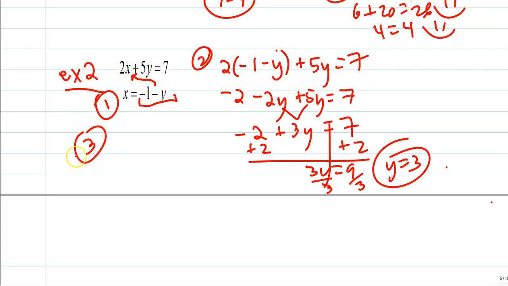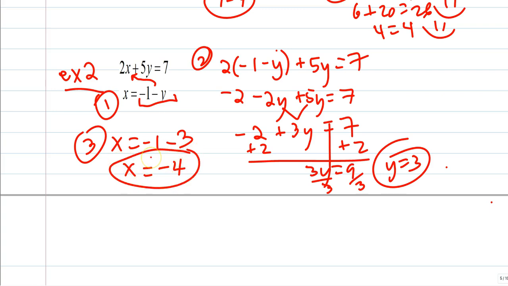Take either equation. I'm going to take the bottom one. Negative 1 minus y. Negative 1 minus 3, negative 4. Then last, we write our answer as a point, negative 4, 3. Why didn't the 3 go first? Because it's x, y.